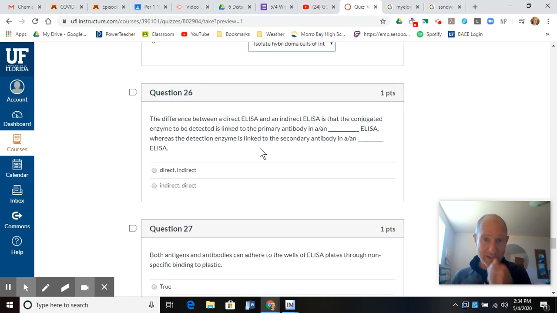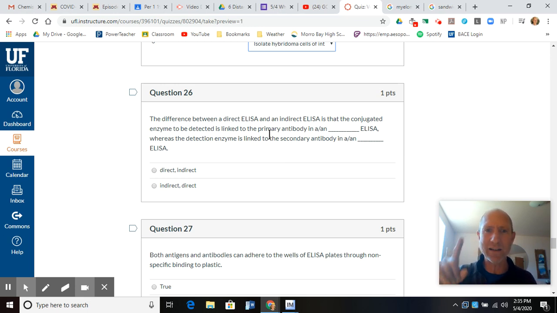The difference between a direct ELISA and an indirect ELISA is that the conjugated enzyme to be detected is linked to a primary antibody in a direct ELISA, whereas the detection enzyme is linked to a secondary antibody in an indirect ELISA. You don't have to know crap about antibodies or ELISA. Just read between the lines. They're talking about direct and primary.